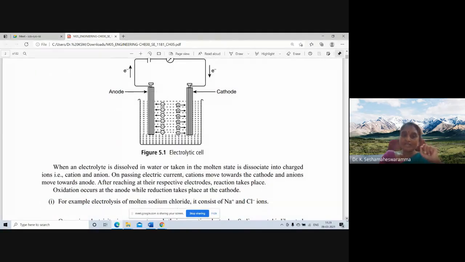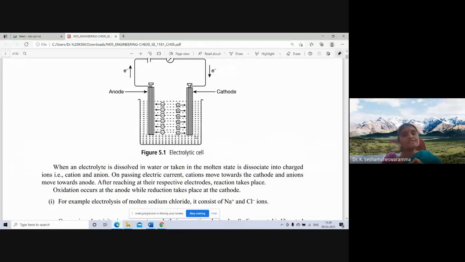When an electrolyte is dissolved in water, so this is the water solvent. Electrolyte dissolved in water, or taken in the molten state, is dissociated into charged ions. If sodium chloride is dissolved in water, what will happen?